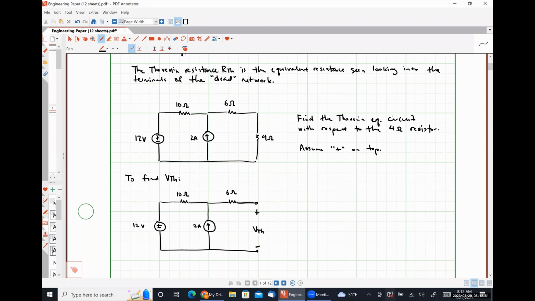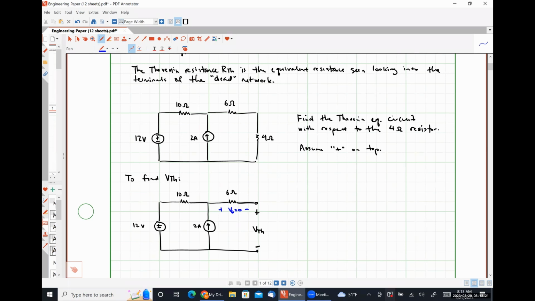So because the 6 ohm resistor isn't carrying any current, I can say from the jump that this voltage drop is 0 volts by inspection. Anybody have a problem with that? Ohm's law tells us that if I is equal to 0, then V has to be equal to 0, because V is equal to 0 times R.